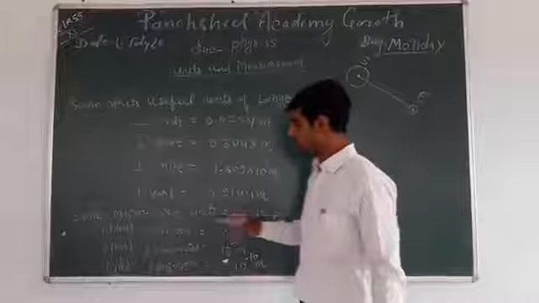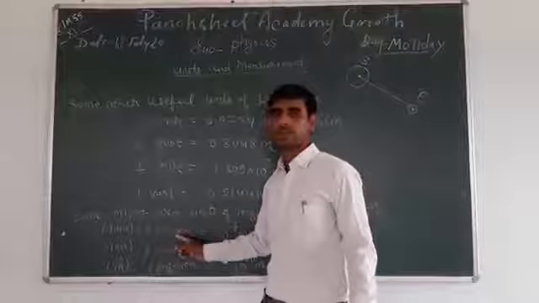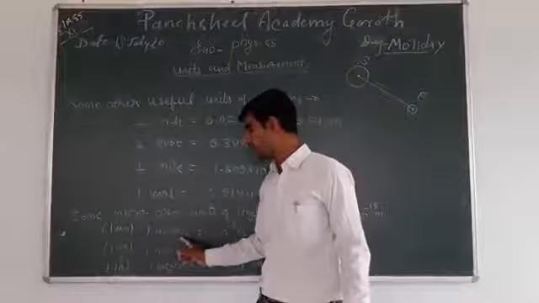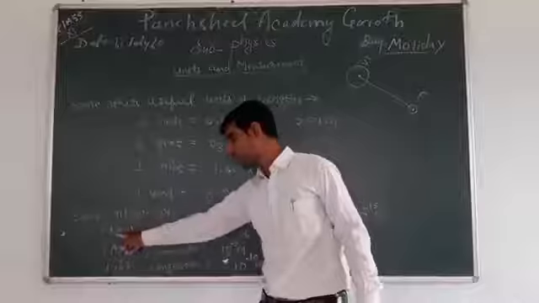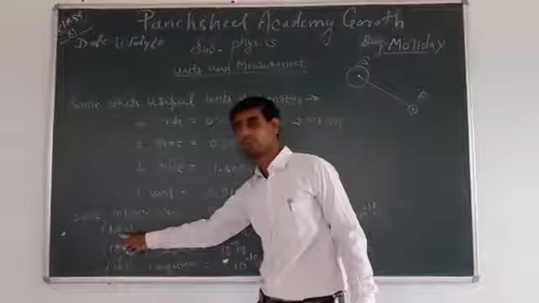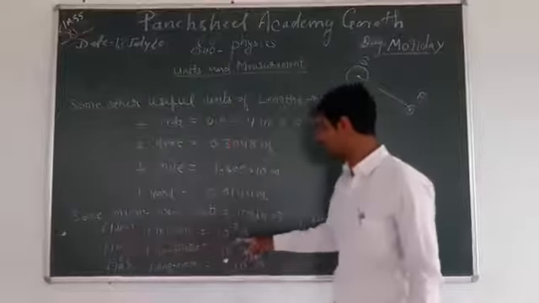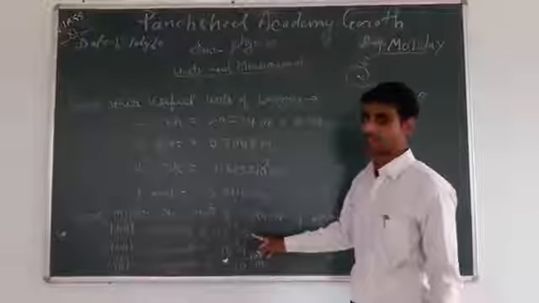And some microcosm units, or we can say that for the very small measurement. So 1 micron is written as 1 micro. This is the symbol of mu, micrometer, equal to 10 to the power minus 6 meter.